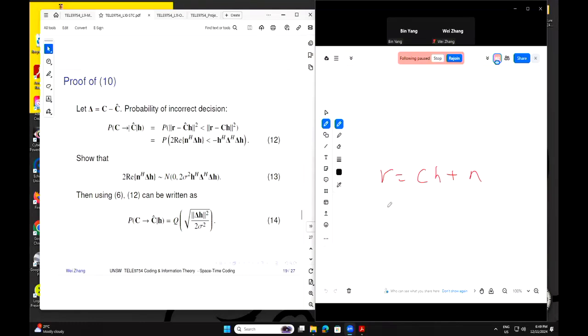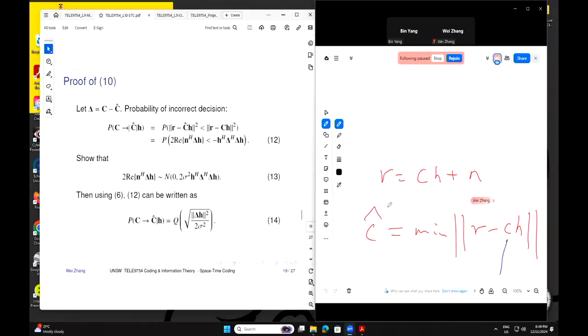And we want to say that to get the C hat, it should be the one that gives the minimum distance of R minus CH. That means you got the observation R, and you got many candidates of C. Let me try to give a different color.